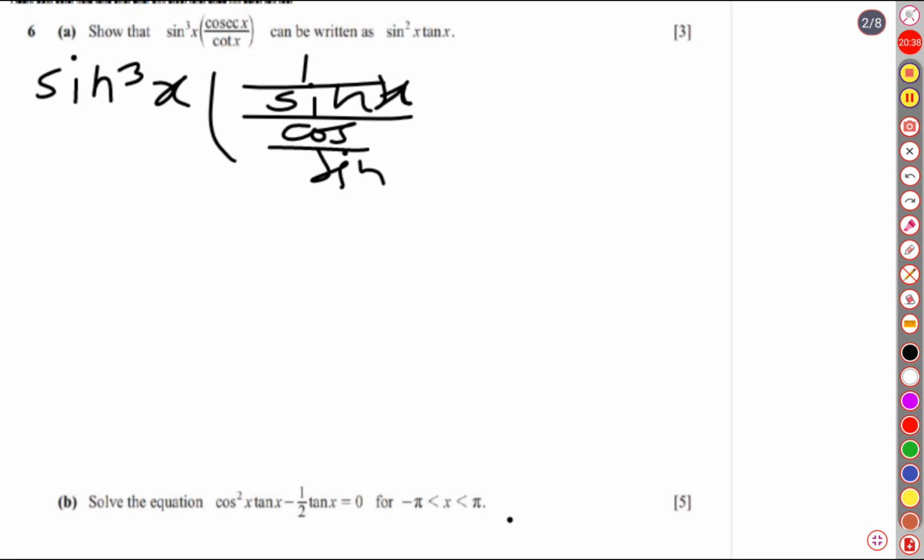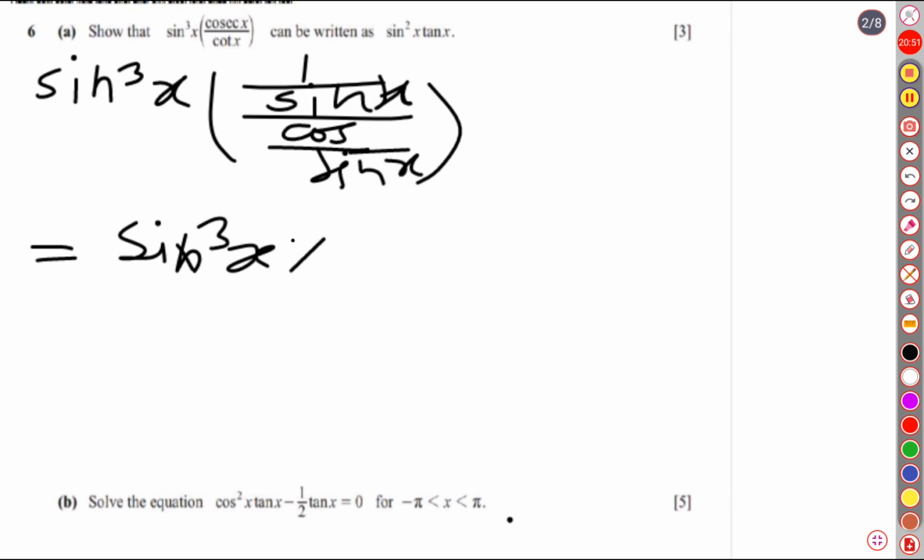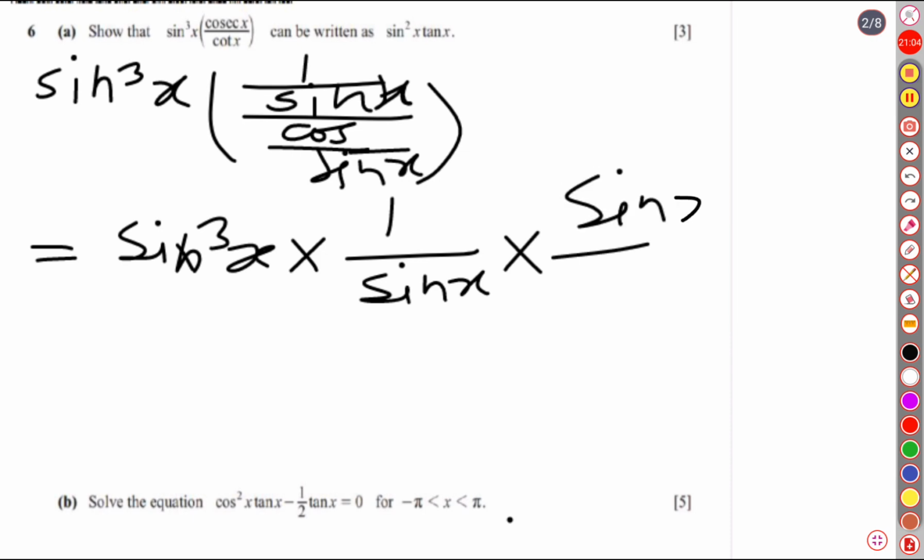All of you know this basic formula. Well, then sine cube x into the first upper fraction will remain unchanged, 1 over sine x, into the denominator, the lower fraction will be reciprocal, so it will be sine x over cos x.